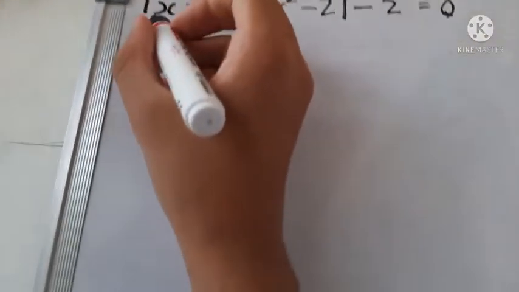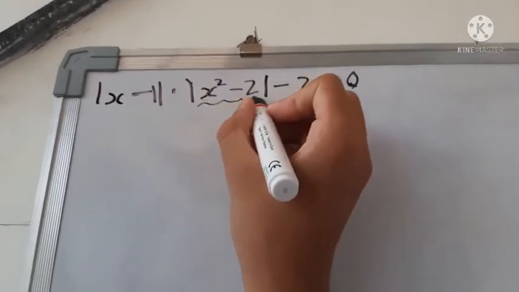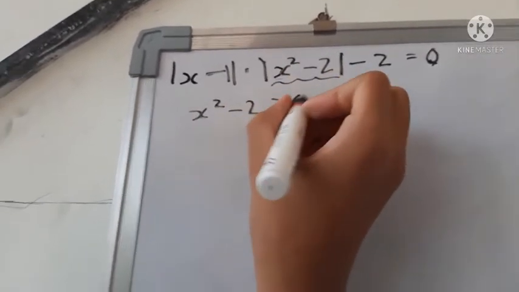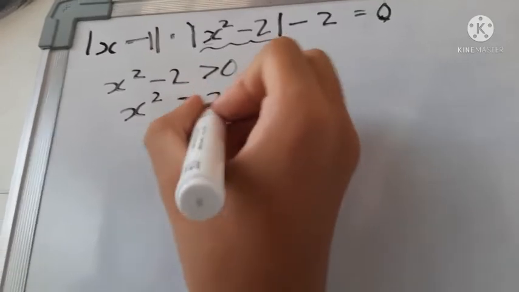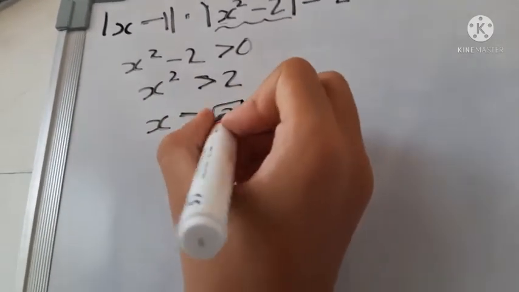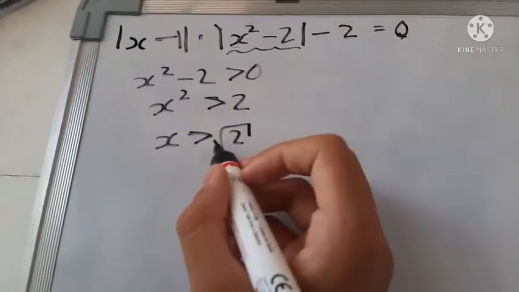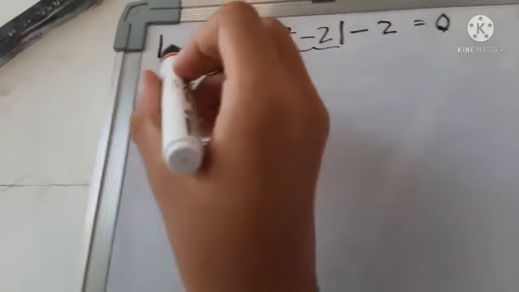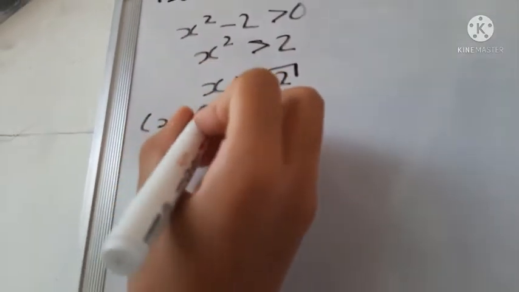First we say that x squared minus 2 is greater than 0, which implies x squared is greater than 2, so x is greater than the square root of 2. And since the square root of 2 is more than 1, even x minus 1 is positive, so we can just write them as they are, without the absolute value signs.